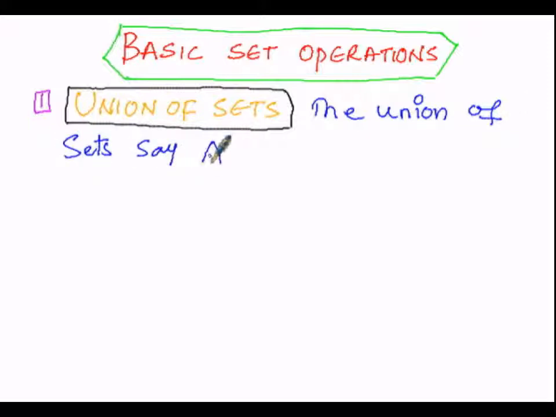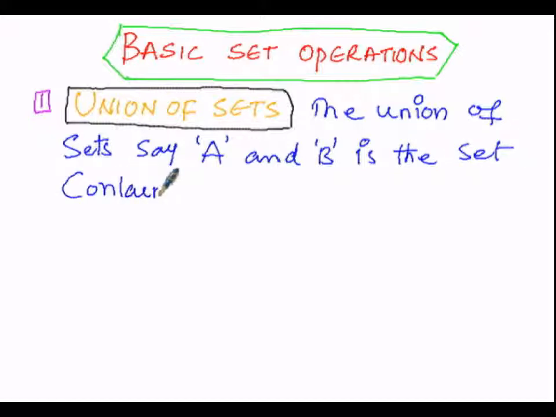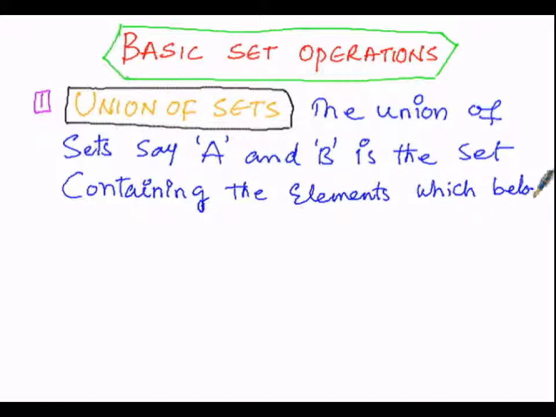I am going to consider the first set as A and the second set as B. The union of these two sets, A as well as B, is the new set containing all the elements which belong to either set A or set B or both A as well as B sets.